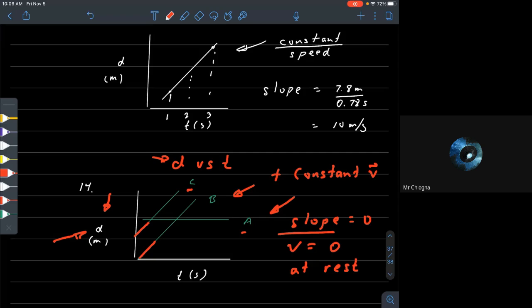So it's the same velocity. What's the difference? C is starting ahead. I'm just going to give you a number. I'm making it up. Starting at 5 for C compared to, let's say, 0 for B. C is starting ahead of B by 5 meters, or whatever the number is. But it's moving at the same speed.